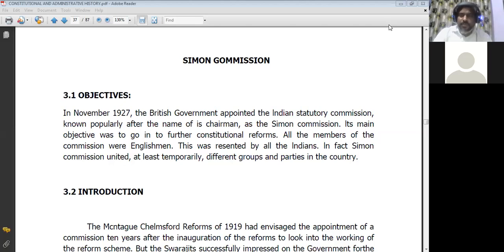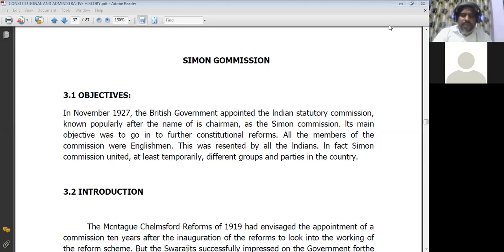The committee presented its report in December 1924, and in the report, the majority of the members suggested only minor changes in the structure of the constitution. On the other hand, the minority, consisting entirely of non-official Indians, condemned the diarchy and advocated for its immediate abolition.